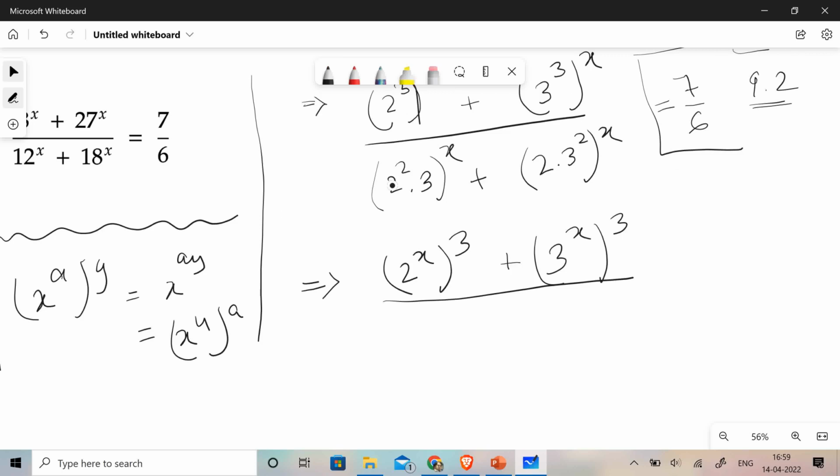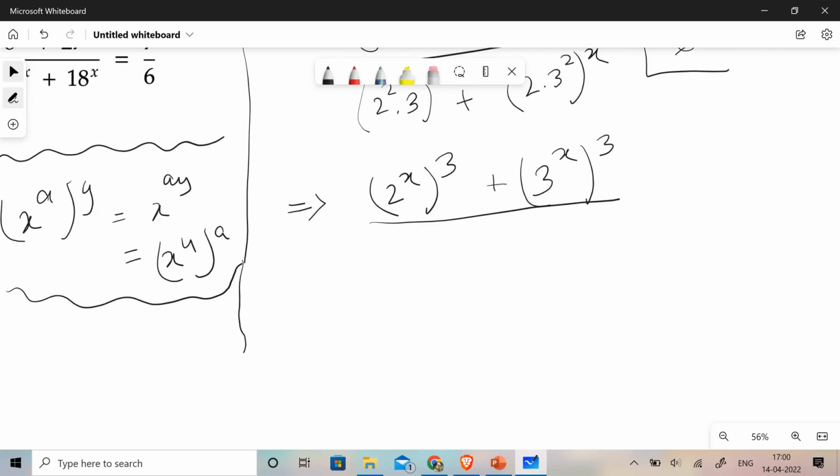In the denominator as well, can we do something to have it in this way? I suppose we can, right? Because if I have x to the power a and y to the power b, and now if I have it all to the power c, when I simplify it, it would be x to the power ac into y to the power bc, right?